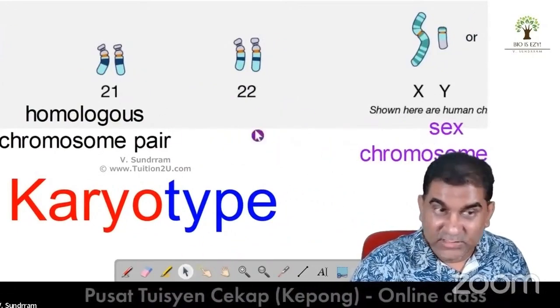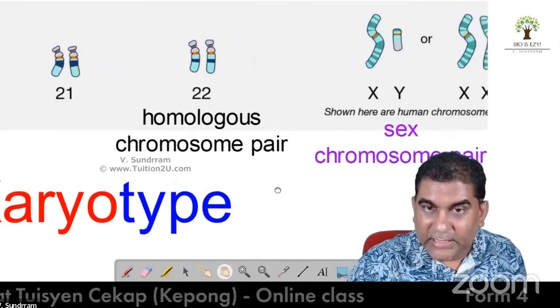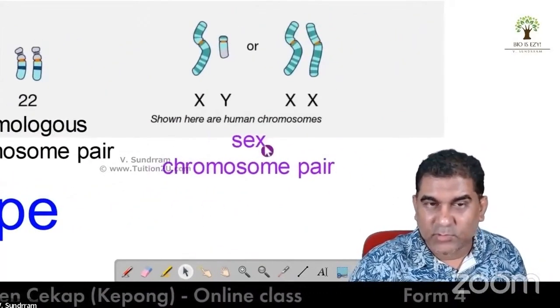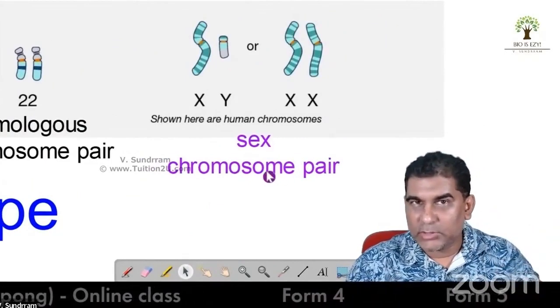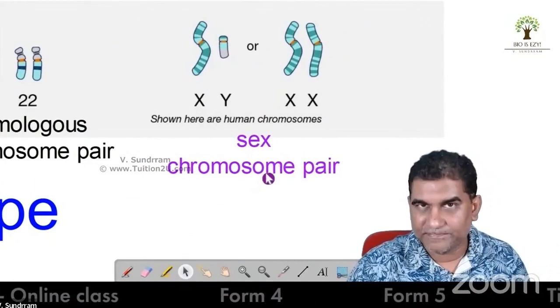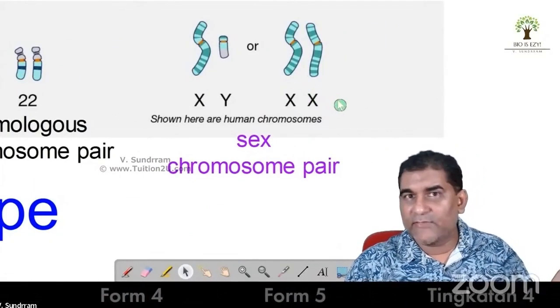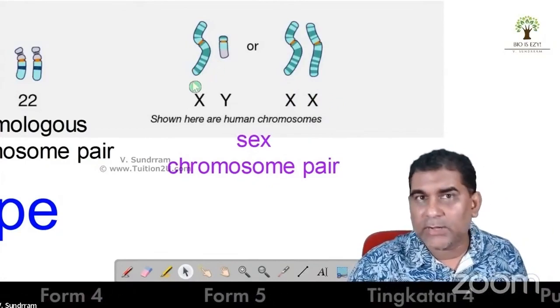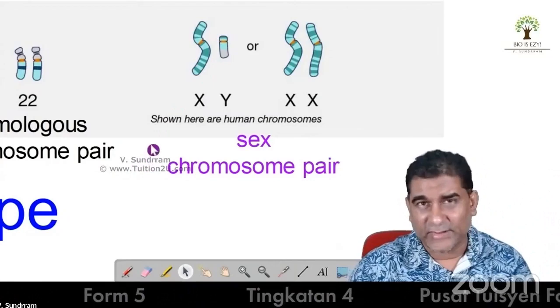Sex chromosome is here. We have 22 homologous chromosome pairs. The last pair is the sex chromosome pair. It decides whether you are male or female. By now you should know, if you're XX, you are a female. If you're XY, you are a male. The Y chromosome is always shorter. Already learned in Form 5.